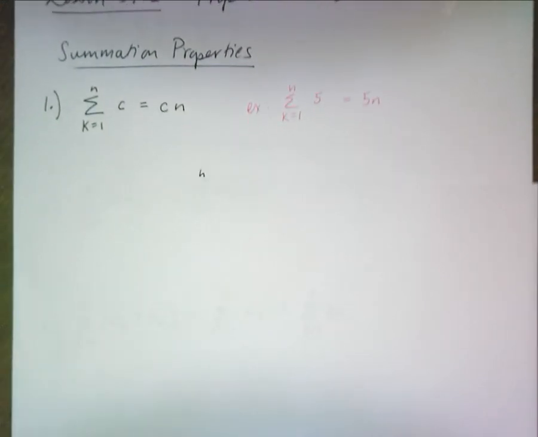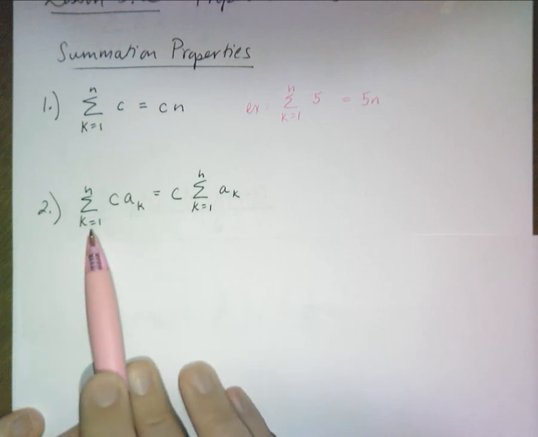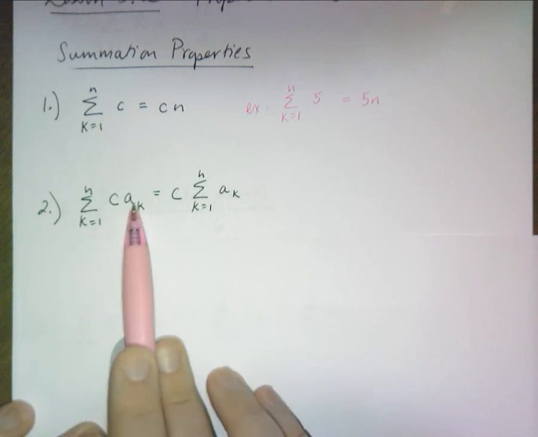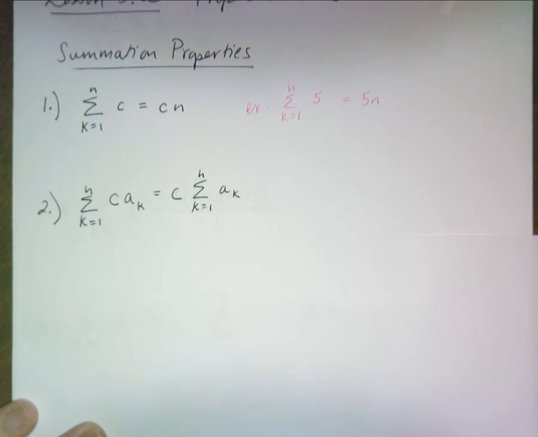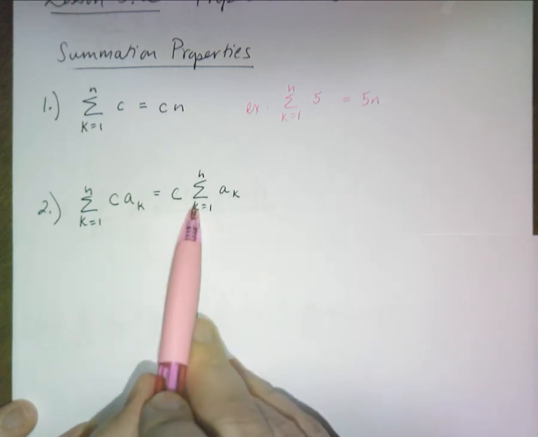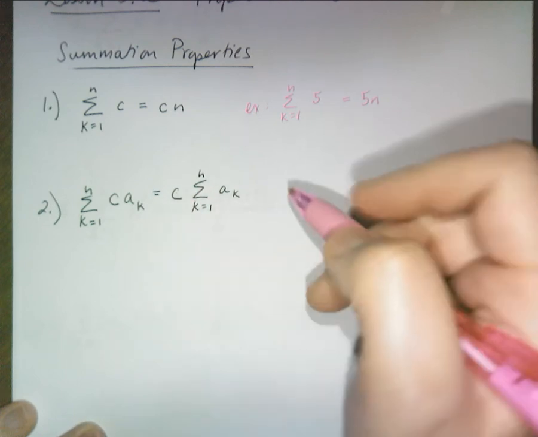Here's another summation property. This is the sum from k equals 1 to n of c times a sub k, so that means some function related to k. You can actually take that constant outside of the sum and then multiply it later.